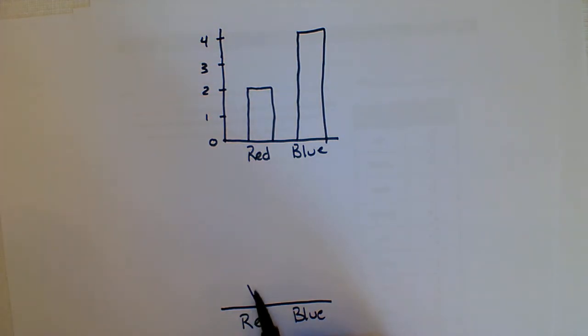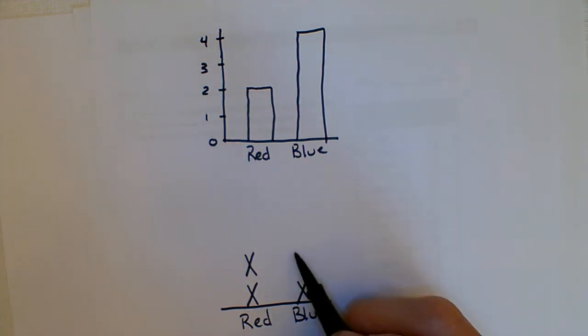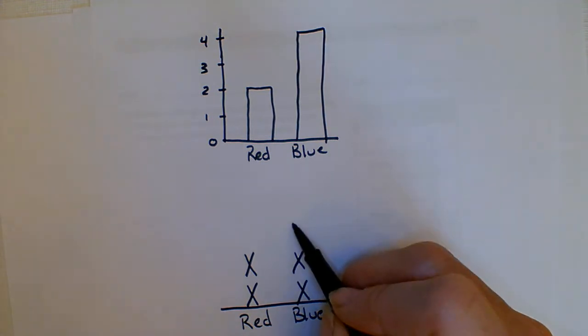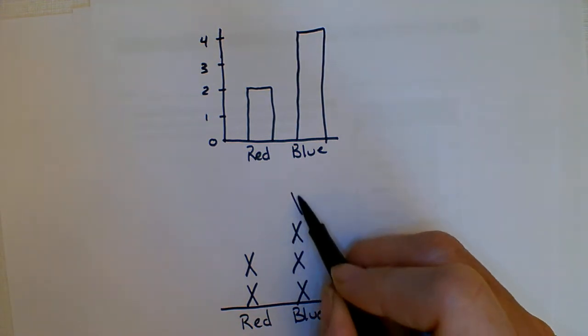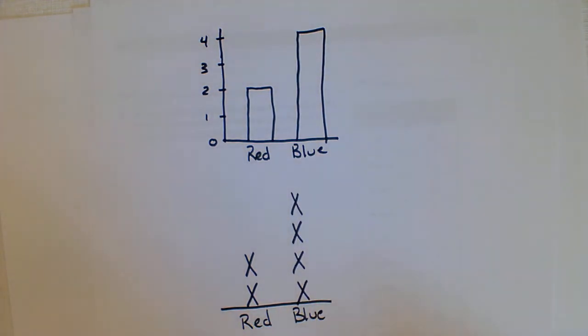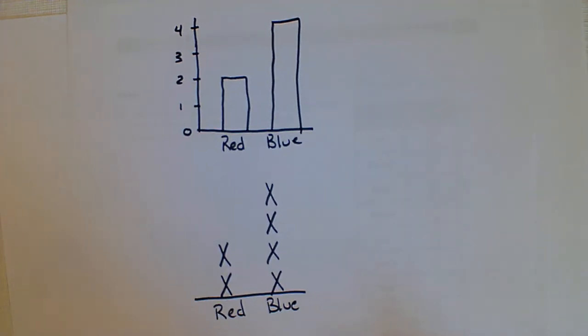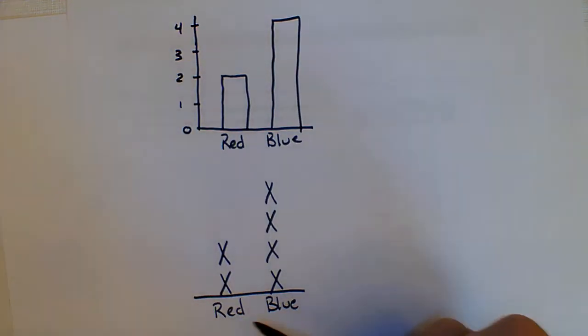So I'd put an X for one student, and then an X for another student. And over here, I would have to have 4 X's because 4 students chose blue. So you can see that it kind of looks similar, but it's just a different way of showing the information, showing the data.